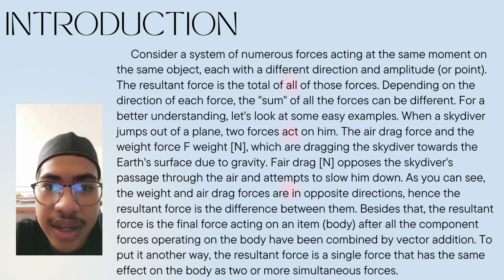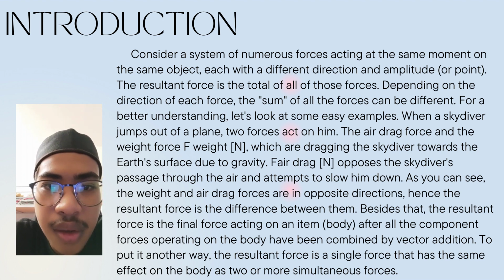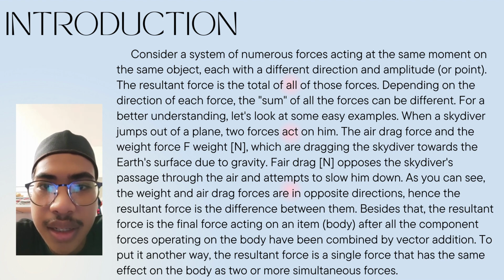When a skydiver jumps out of a plane, two forces act on him: the air drag force and the weight force, F weight, which is dragging the skydiver towards the earth's surface due to gravity.